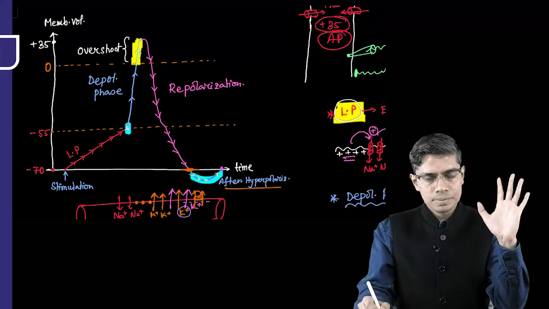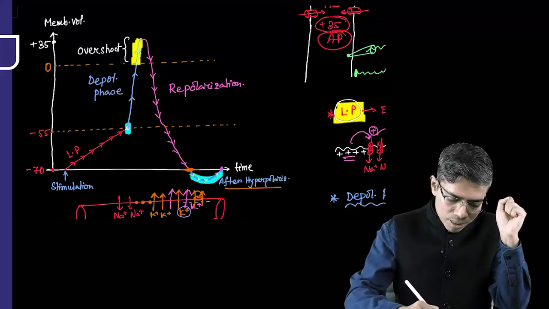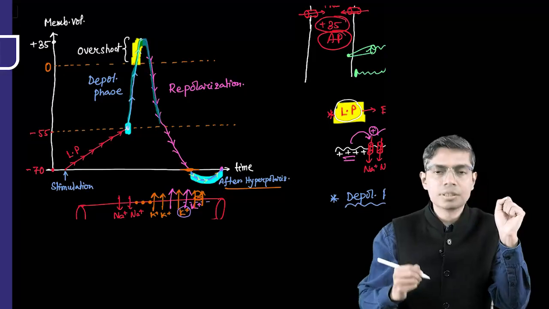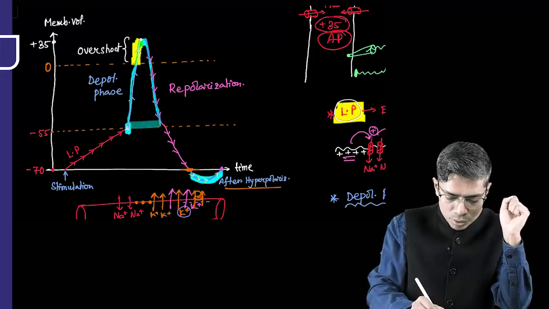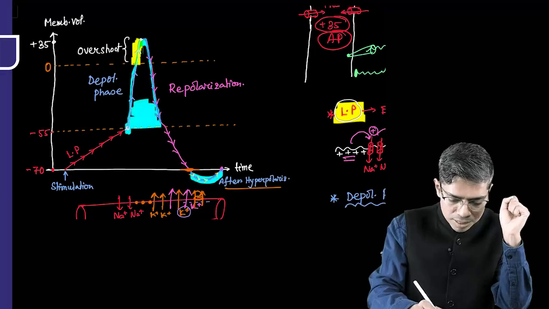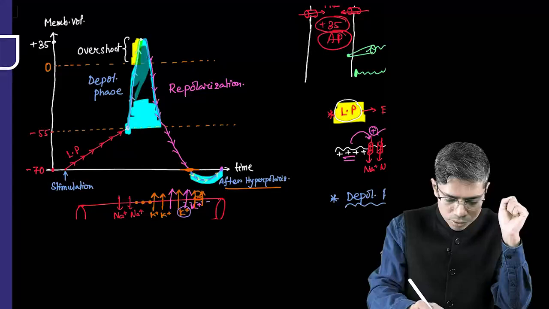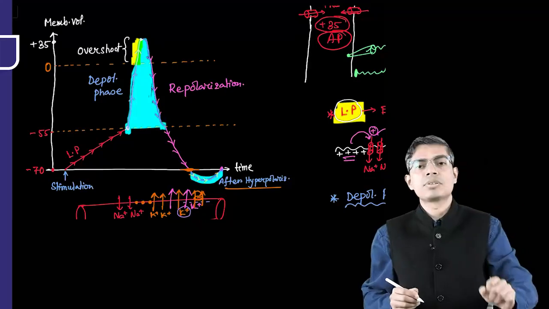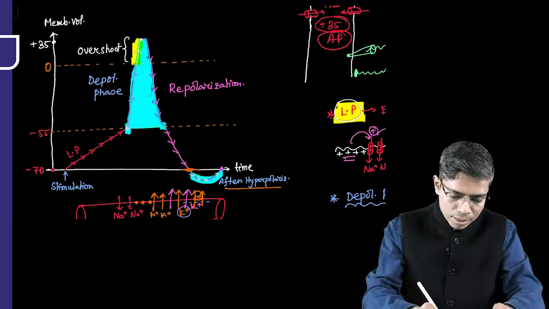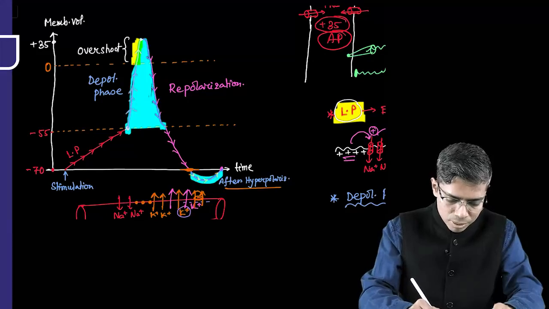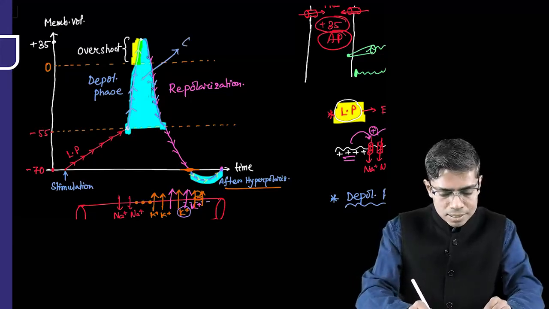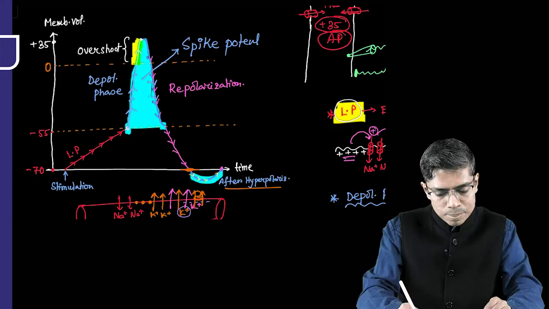Now the part of depolarization and the part of repolarization which is above the threshold voltage, this area where I am giving highlight, is known as the spike potential.